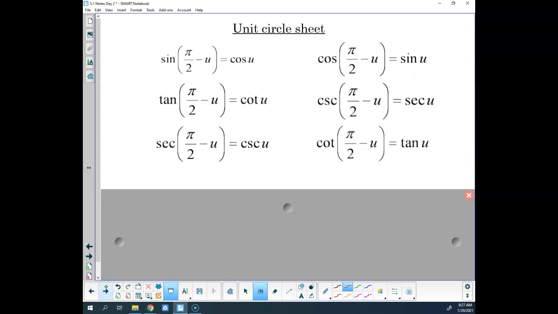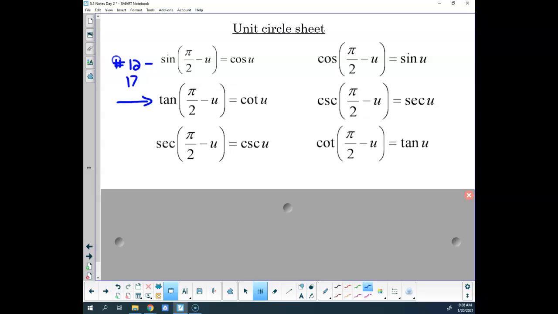Now, what that leads us to is numbers 12 through 17 on your identity sheet. So these are the cofunctions.